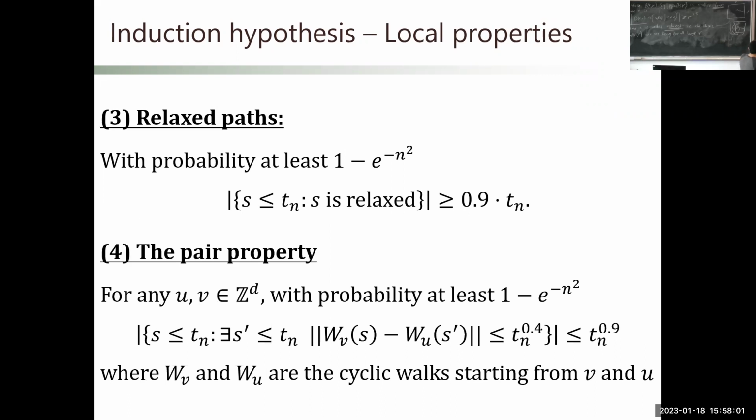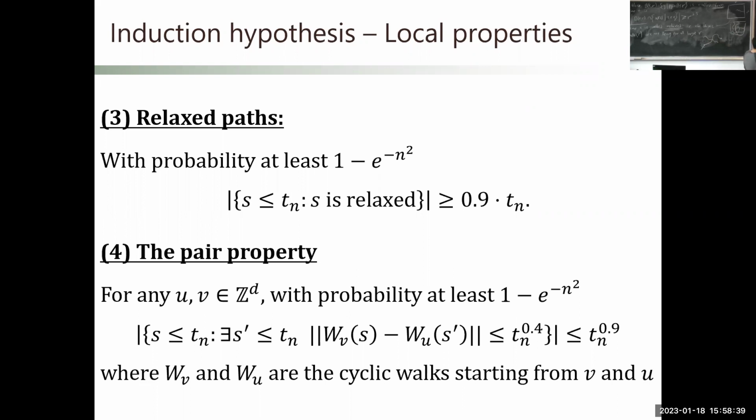And okay, the last inductive assumption, forget about what is written in here. So far we said that the cyclic walk behaves like a random walk. Here we say that a pair of cyclic walks starting from a pair of vertices in the grid will behave like a pair of independent random walks, in the sense that most of the time the second walk will be far from the entire trajectory of the first.